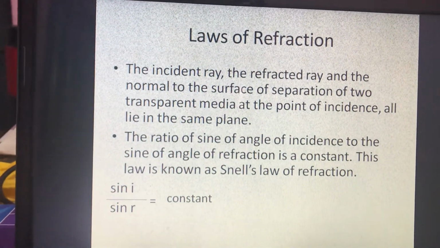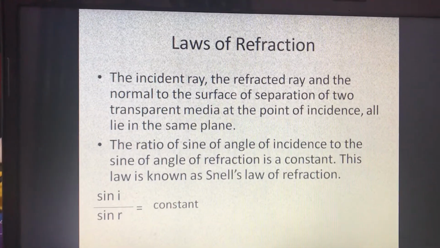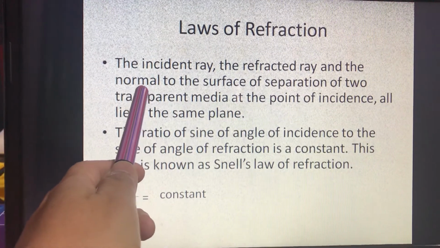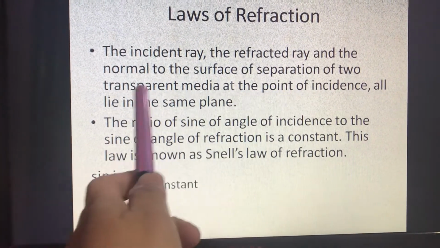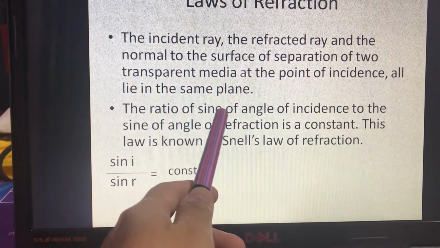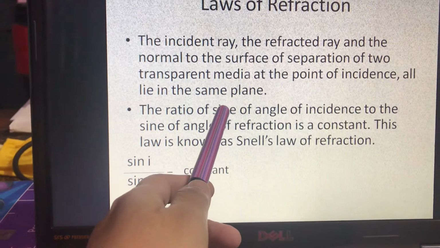Now here are the laws of refraction. As we have studied the laws of reflection, in the same way, the incident ray, the refracted ray and the normal to the surface of separation of two transparent media at the point of incidence all lie in the same plane. This is the same as the first law of reflection.